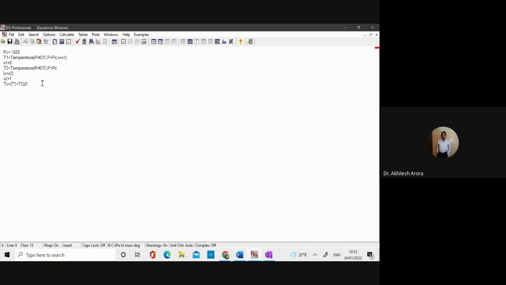Now suppose I want a temperature of say 7 degrees Celsius in the evaporator. So same procedure I have to do. Let me copy all this and then change it. So I say that this is PE. I choose arbitrarily as 1200.